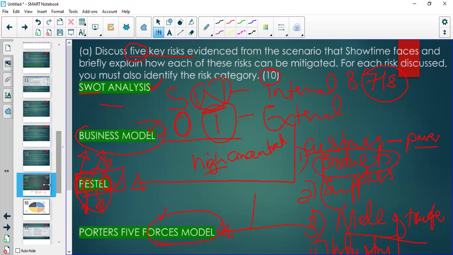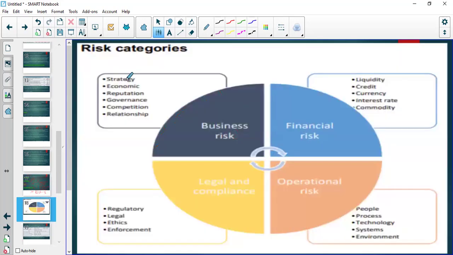right? And then we also have risk categories. So this is what I got from the textbook, I think. So we have business risk. So business risk has to do with trading risk as well as operating risk. So trading risk is the risk that has to do with buying and selling, right?